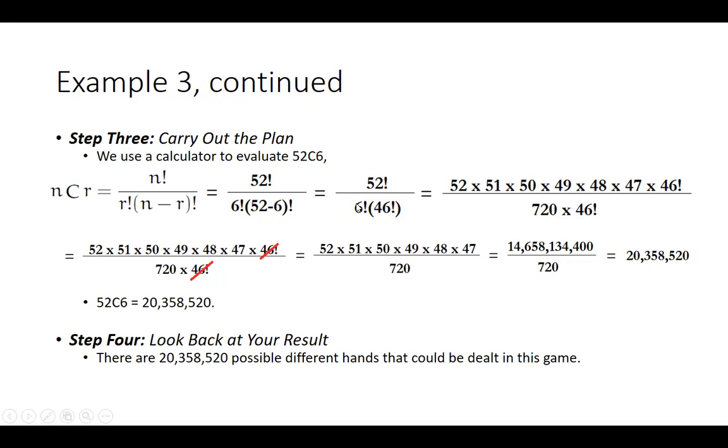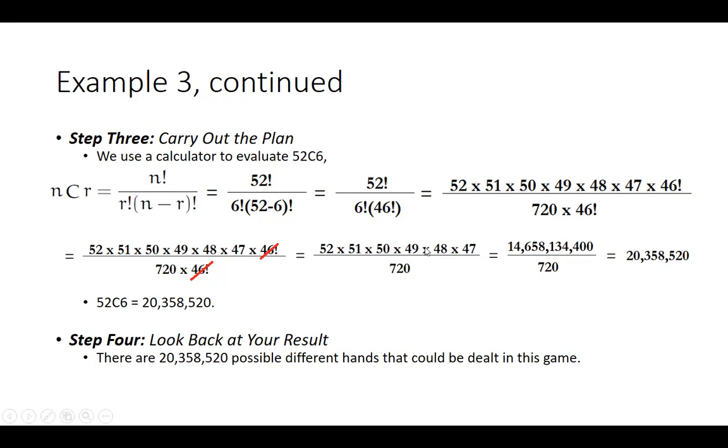We could also calculate 6 factorial to be 720. So the 46 factorial on the top cancels with the 46 factorial on the bottom. That just leaves us with, on the top, 52 times 51 times 50 times 49 times 48 times 47. On the bottom, we just have 720.